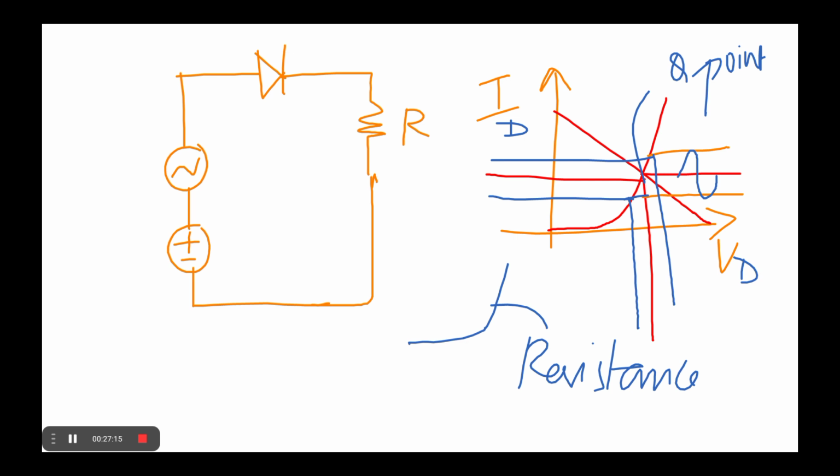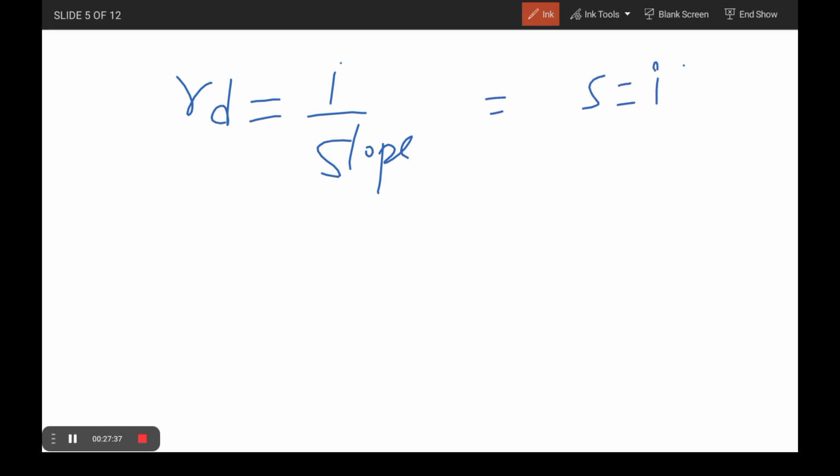If you calculate the slope of this, R is equal to 1 by the slope. To calculate the dynamic resistance, rd is equal to 1 by slope. The slope is the variation of the current relative to the voltage, S is equal to change in ID by change in VD.